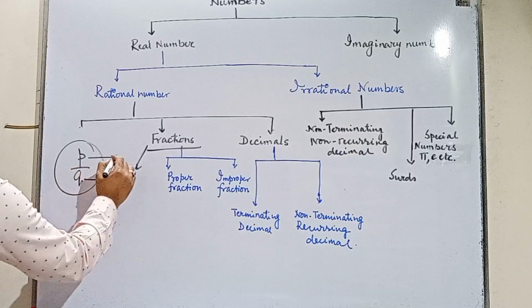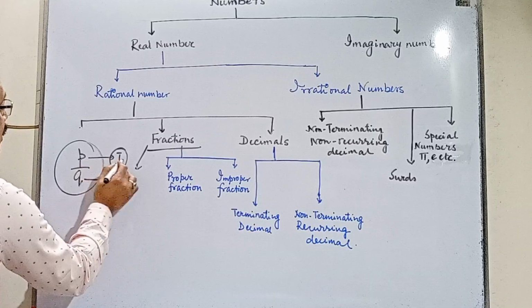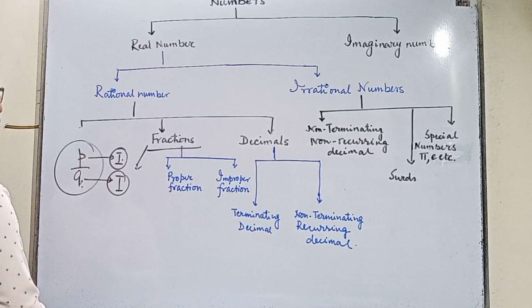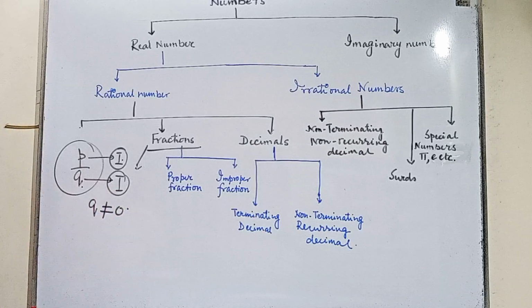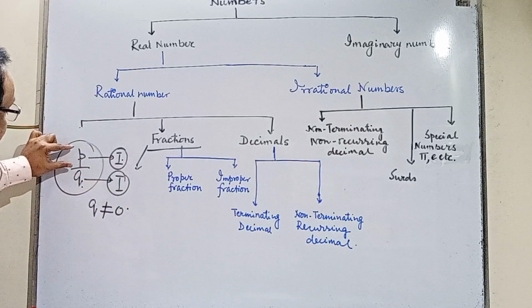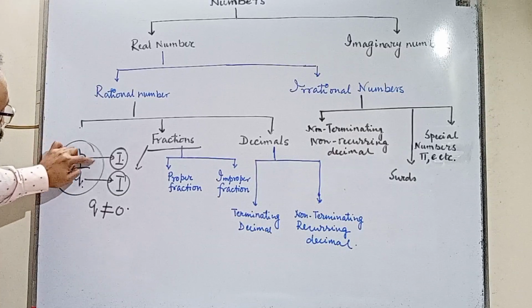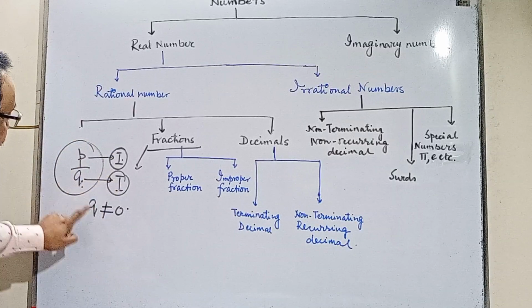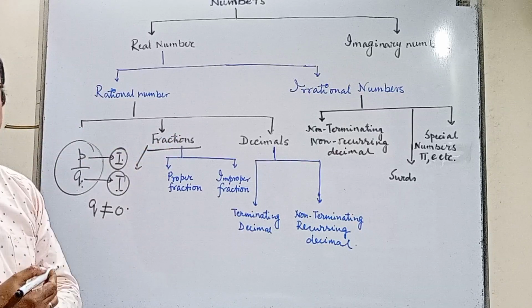Both p and q are integers, and the denominator q is not equal to 0. If any number exists in the form of p by q, where the numerator and the denominator are both integers and the denominator is not equal to 0, then this type of number is called a fraction.